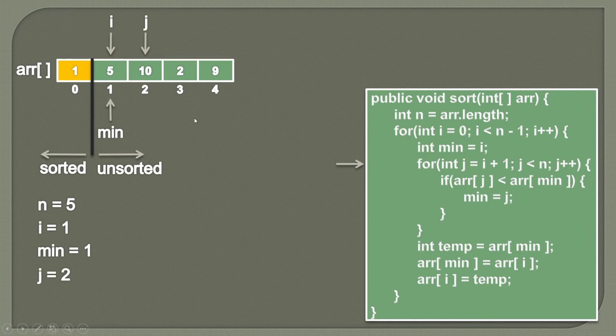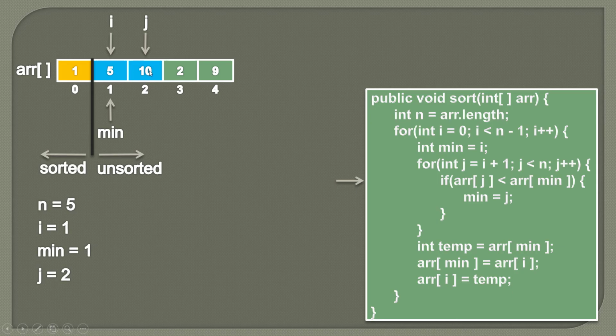And the value of j, which is 2, is less than 5. So this condition comes out to be true. So now here again we are simply performing this check that whether 10 is less than 5 or not, by taking in the value at jth index and the value at min index. So min is pointing to index 1 and j is pointing to index 2.